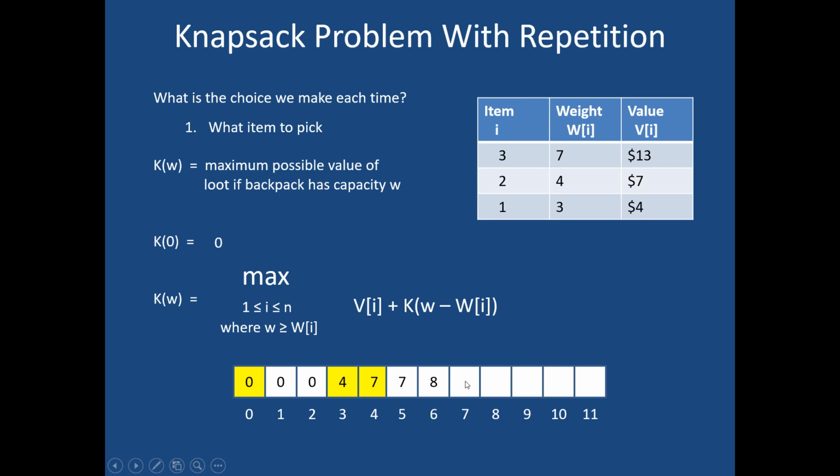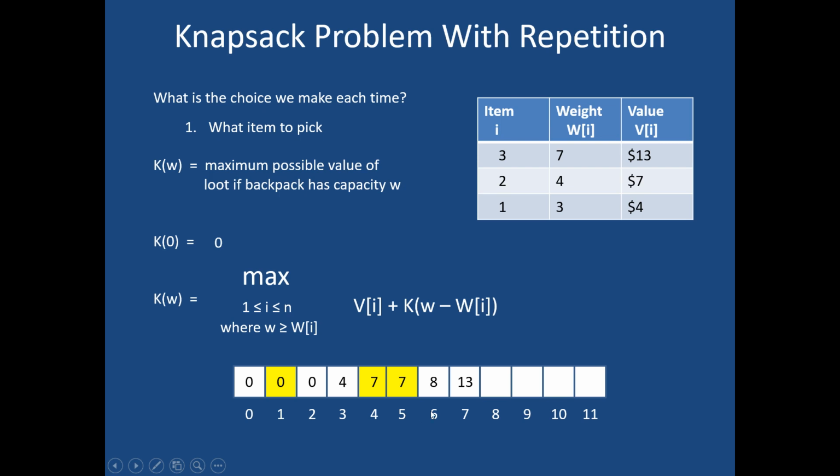An item 1 would give you 11. An item 2 would give you 11. An item 3 would give you 7. 13. Where'd the 13 come from? Wait, it's value 13. I forgot that. Yeah, we're just taking an item 1. That's 13, right? Okay, thank you.